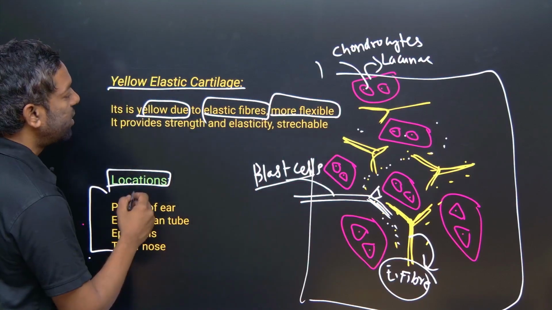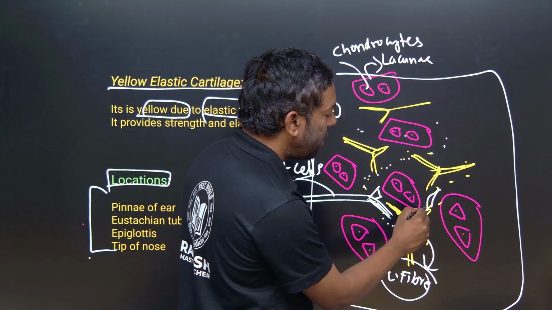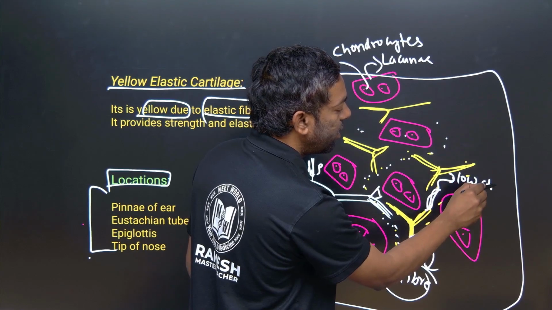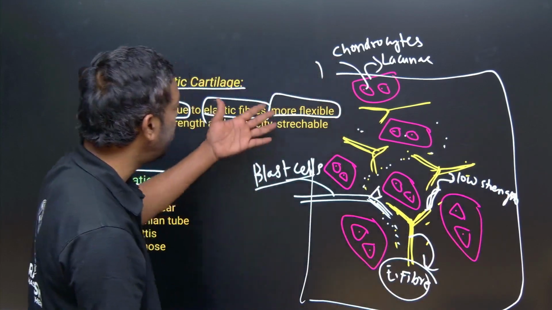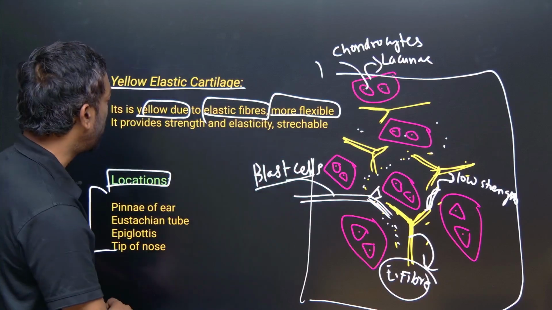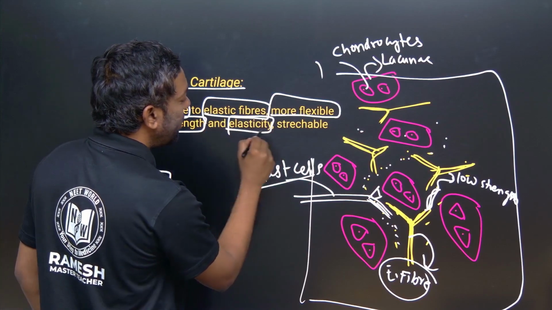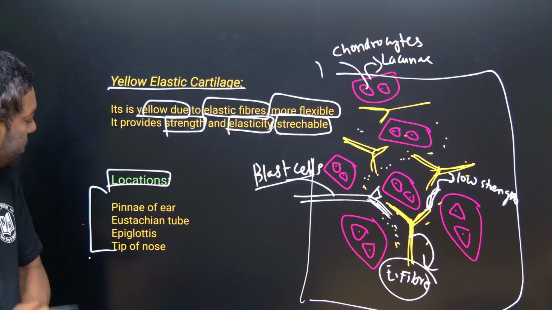These fibers have very low strength, meaning they can bend, which leads to more flexibility. It provides certain strength and elasticity and is stretchable. This is the character of the yellow elastic cartilage.